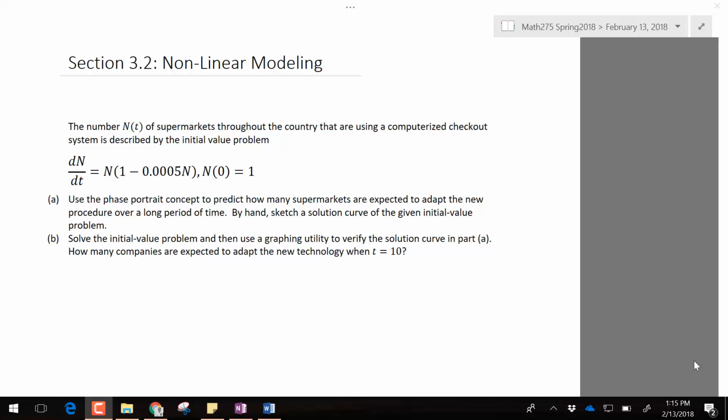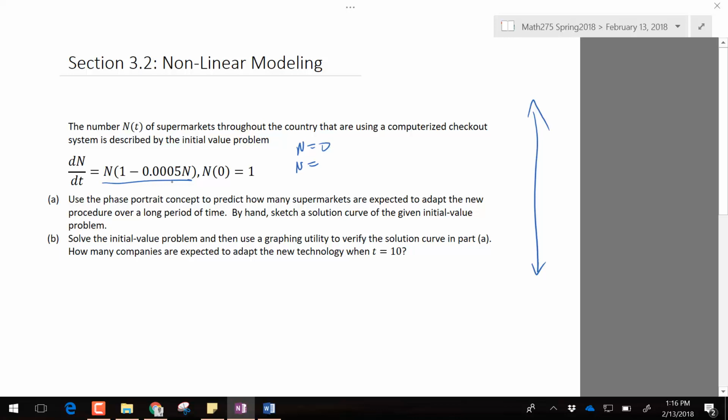So let's take a look at this problem. Try to imagine what the phase portrait might look like. What we want to do is set the right-hand side equal to 0, or set when the derivative is equal to 0. And that's equal to 0 when n is equal to 0, or n is equal to whatever you get when you solve for this.